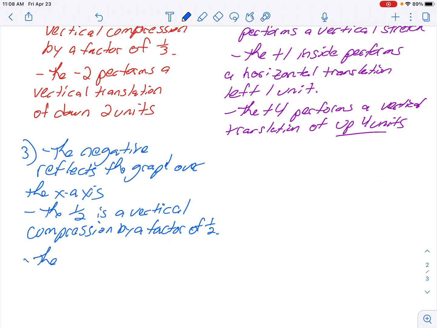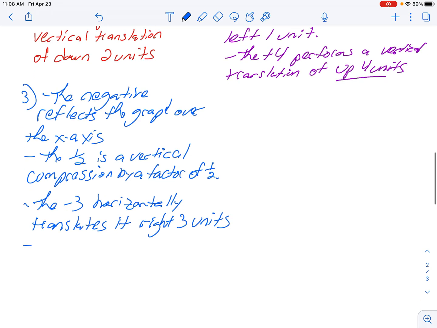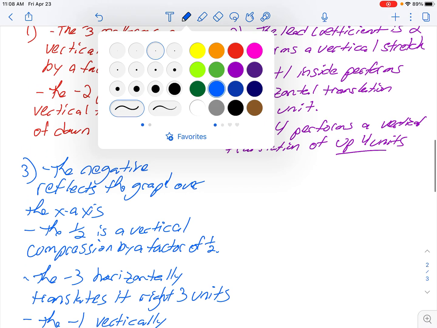The -3 on the inside, the -3 horizontally translates it right 3 units. And then -1 on the outside, the -1 vertically translates it down. So we keep that same sign and go down. If it's on the inside, we do the opposite.